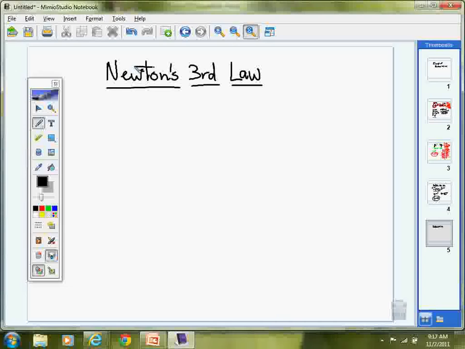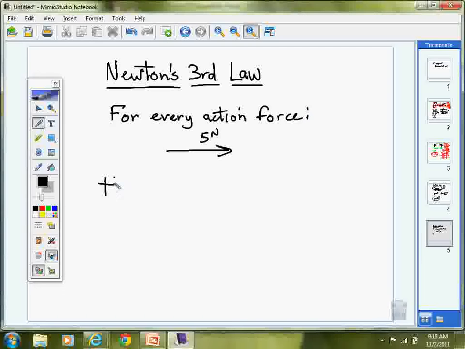Newton's third law says that for every action force, say a force of 5 newtons to the left, there is an equal and opposite force exerted.